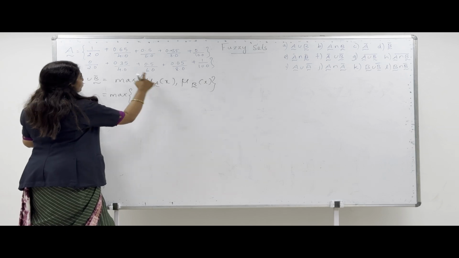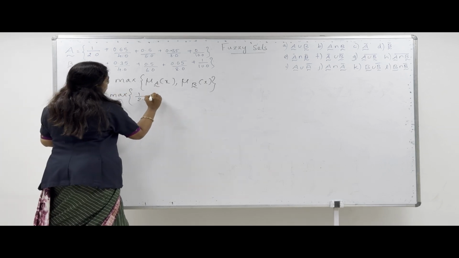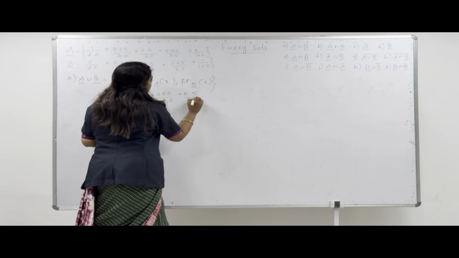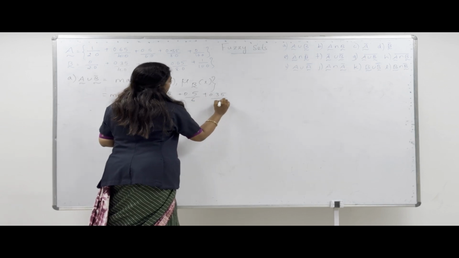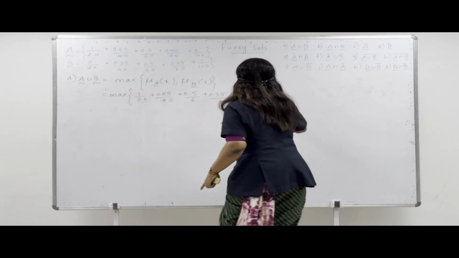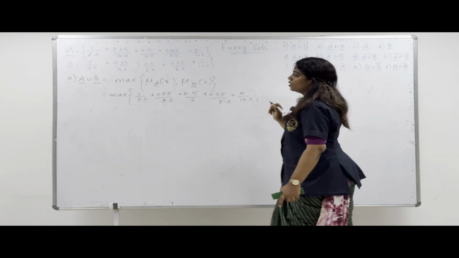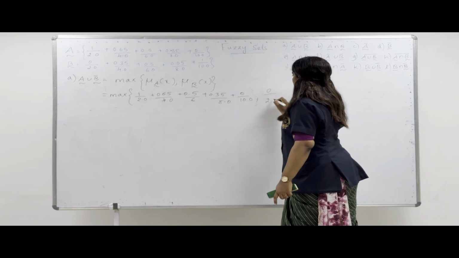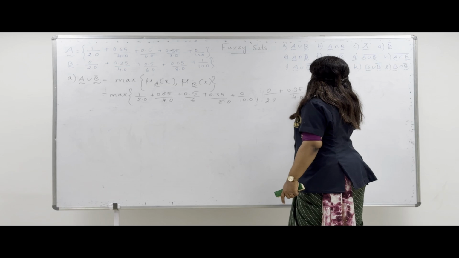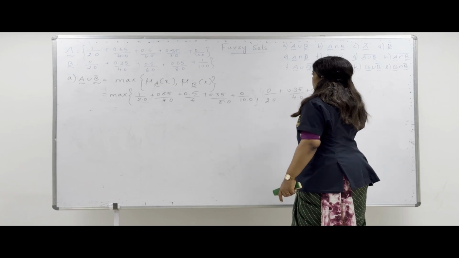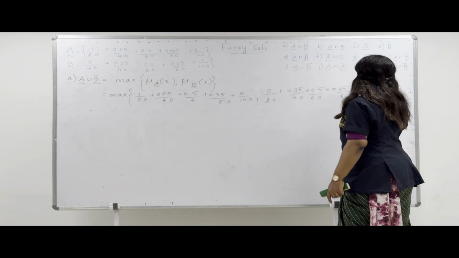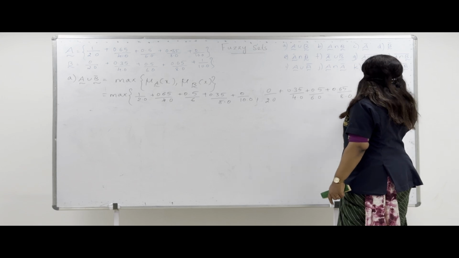So, what is this membership A of x? The value is 1 by 2.0 plus 0.65 by 4 plus 0.5 by 6 plus 0.35 by 8 plus 0 by 10, comma, and write the B values, that is 0 by 2.0 plus 0.35 by 4.0, 0.5 by 6.0 plus 0.65 by 8 plus 1 by 10.0.